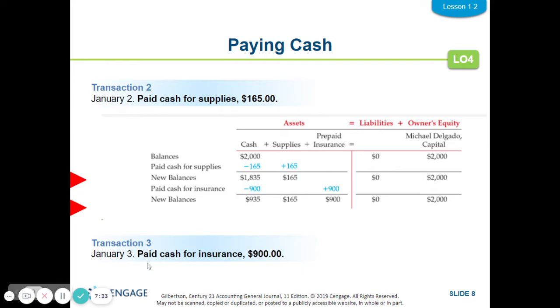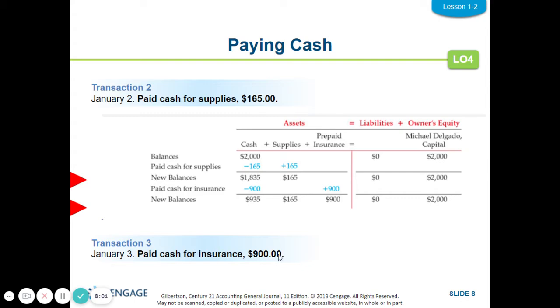So in this example, he's going to go out and buy insurance for his company for $900. That is called prepaid insurance because it's paid ahead. We're prepaying it. So our cash goes down because he's paying cash for it, but that asset of prepaid insurance is going to go up. Prepaid insurance is an asset until you use it. Let's say his insurance is $300 a month.